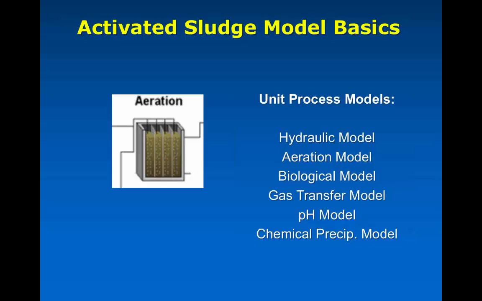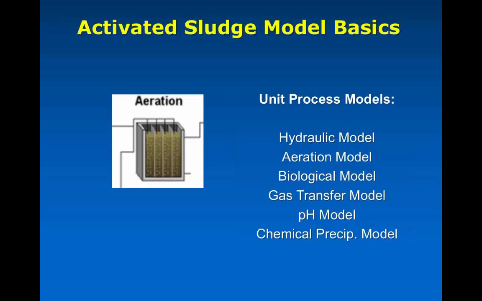And in places where we have the ability to keep track of all of those elemental anions, we can also start to do things with the precipitation. So we're including physical models here, hydraulic models, we have gas transfer models, chemical models, and they all are there together and solved simultaneously. So this is a very long-winded way of saying we have a lot of stuff buried into that one tank model that you see when you put it down on the screen in GPSX.